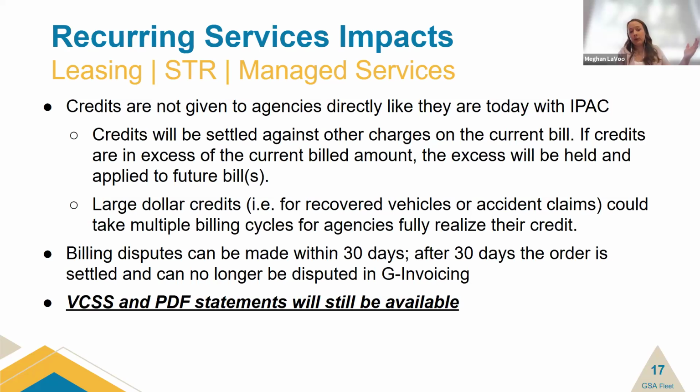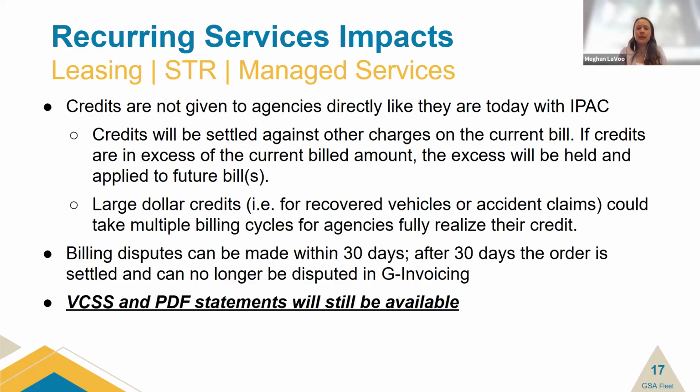You're going to have an odometer reading in gsafleet.gov that is far above your actual mileage. And then when you turn in your vehicle or we go to sell it and we reconcile that mileage difference, your agency sometimes gets a huge credit. I've seen that happen pretty regularly. That could cause some issues depending on how big your BOAC is with your billing. So it's always been important for you all to accurately report your miles. I think you'll feel it a little bit more with the way that credits have to process in G-invoicing.